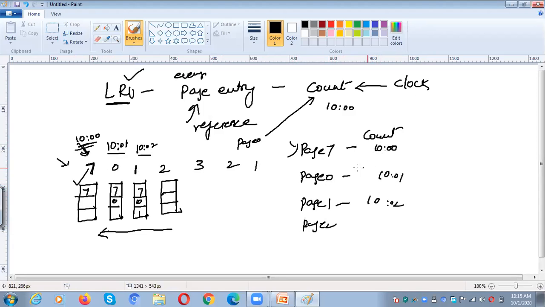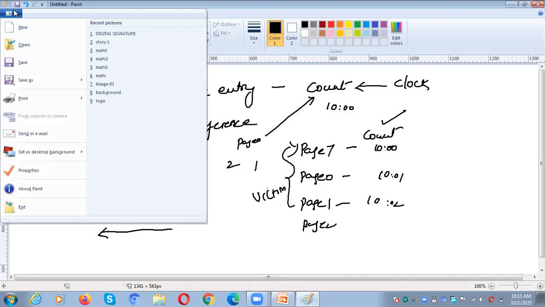Like that, you maintain one entry in the page table called count. Based upon this information, you can select one victim page. Have you got my point? Yes, ma'am.